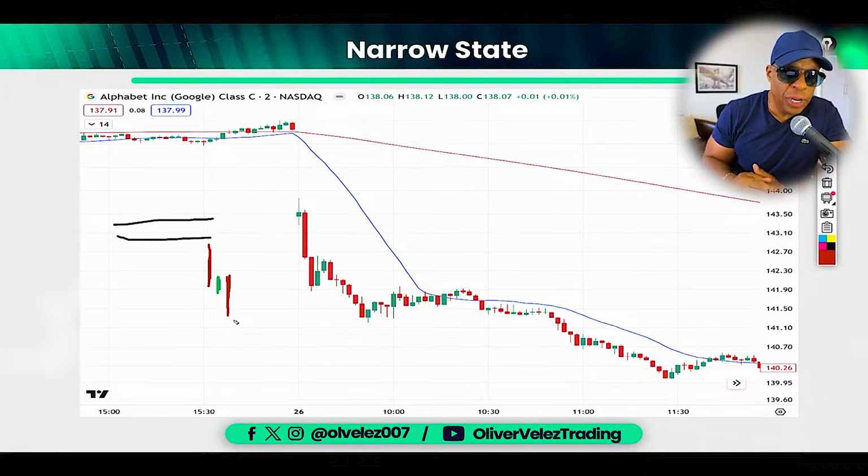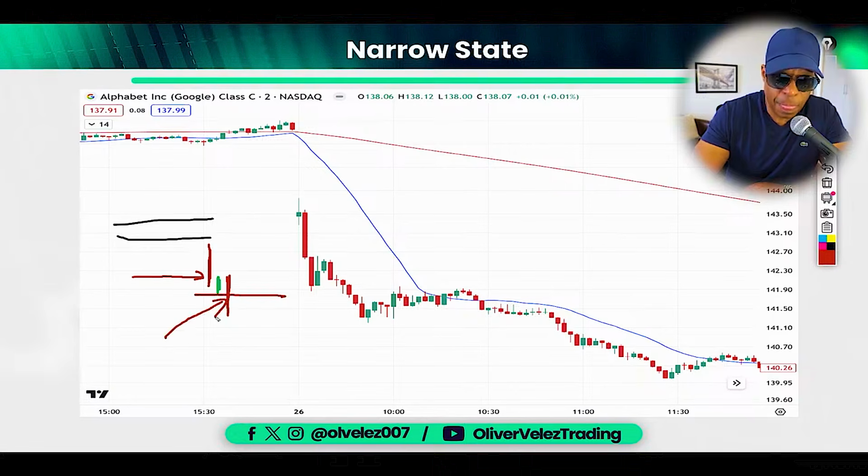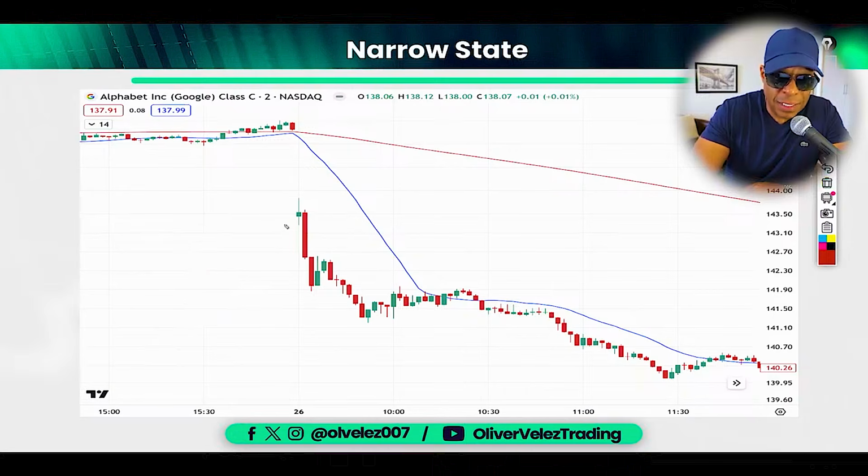Whichever one comes first doesn't matter. Here's power and here's color change. In this case, the first thing we get is color change that turns into power. There's nothing wrong with taking the color change play. Red takes out green right there. Boom! And this bar eventually becomes your power bar.